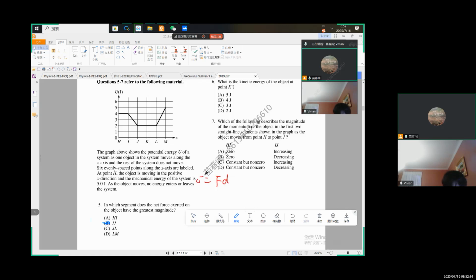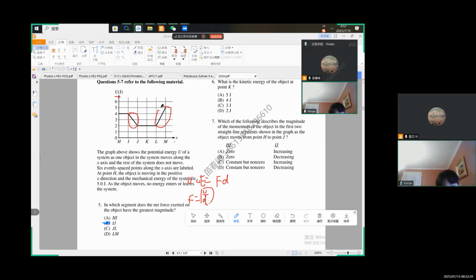So delta E equals your U, which means F equals U over D. And so the greatest slope, right? If it is greatest slope, this slope and this slope, which one is higher? It would be LM.